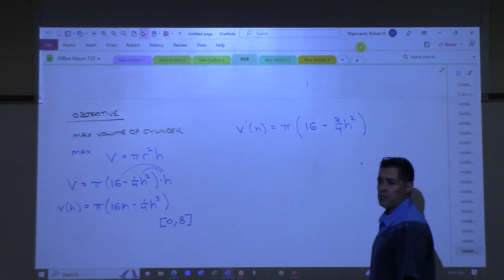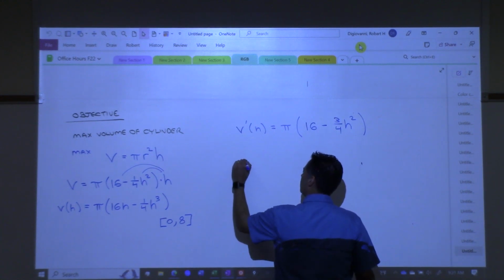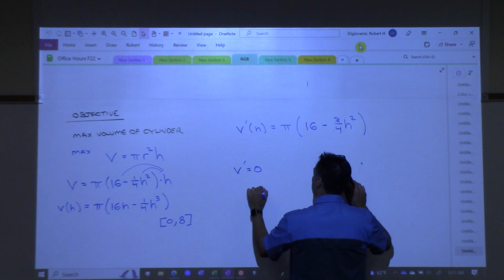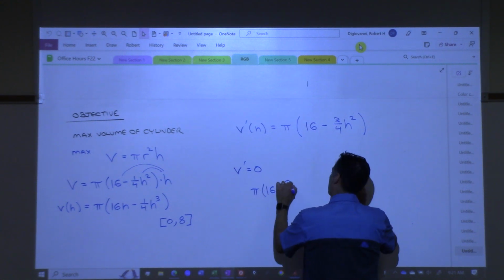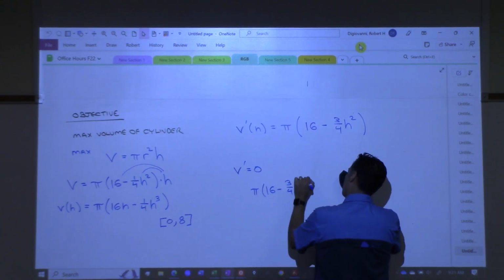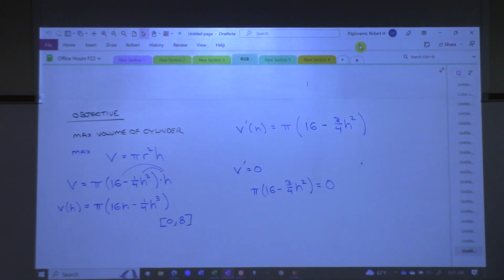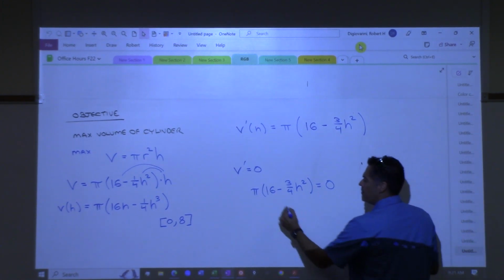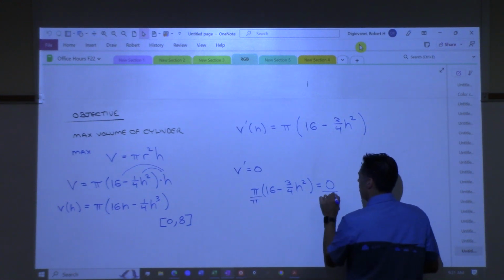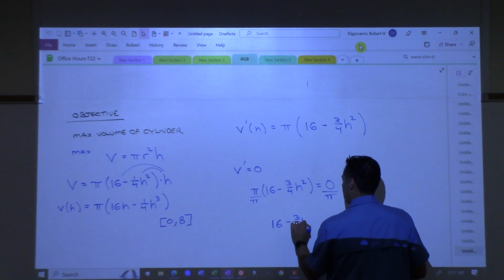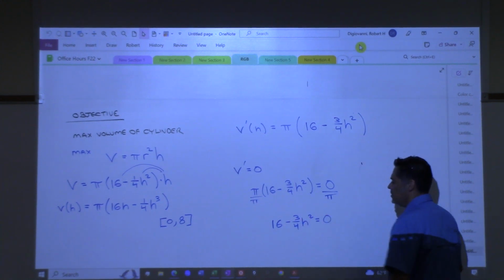Now I'm going to set this equal to 0. It's actually kind of nice that that pi is out there, because I'm just going to divide everything by pi first. And that'll give me 16 minus 3/4 h squared equals 0.